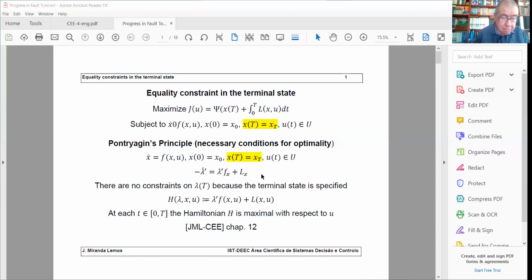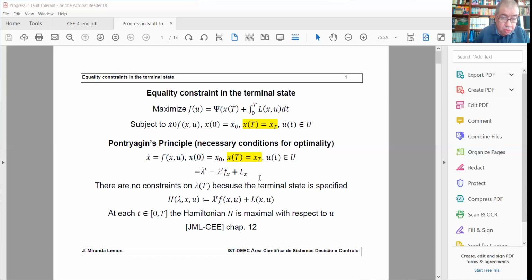So this is very simple, although, of course, we have to provide some examples to be able to work with this new version of the principle. And the issue is that if you solve the adjoint equation, the equation for lambda, then the solution depends on constants.